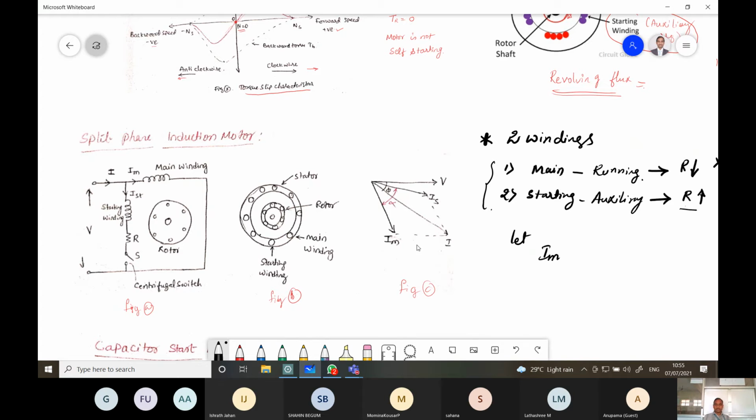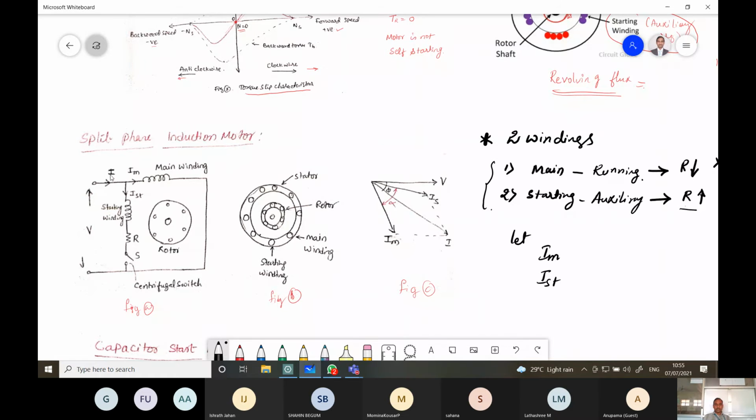Let's consider two currents flowing here: IM and IST. IM is the main current, the motor current flowing through the main winding, and IST is the starting current flowing through the starting winding.